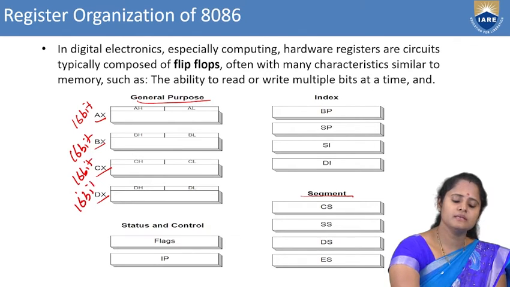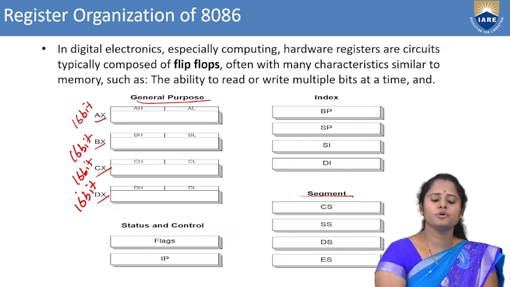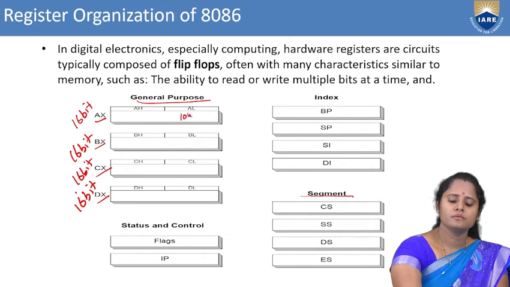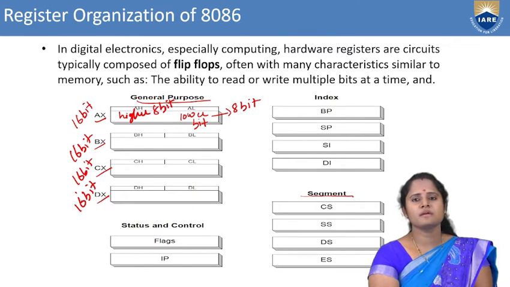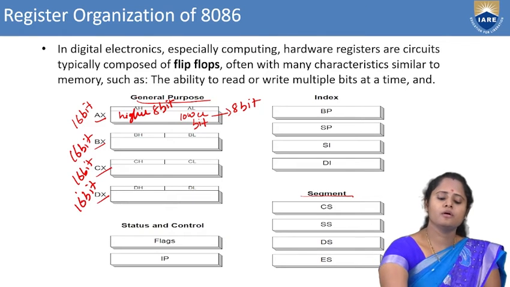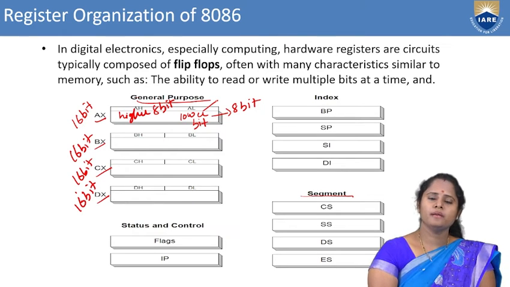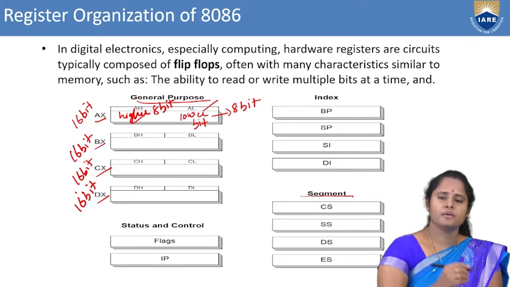This 16 bits can again be divided into a lower 8 bits and a higher 8 bits. So you can use this register separately, as a lower 8 bits and a higher 8 bits.